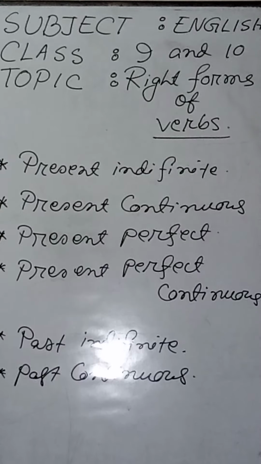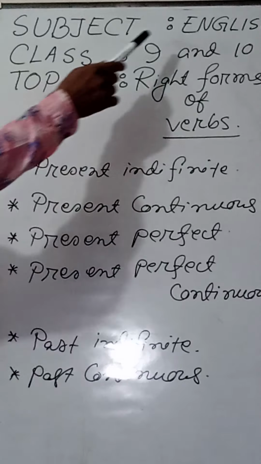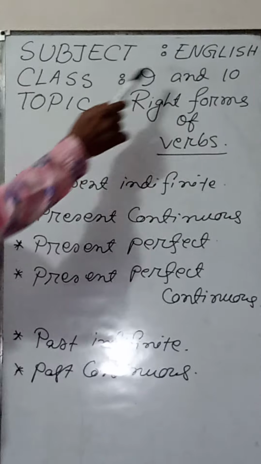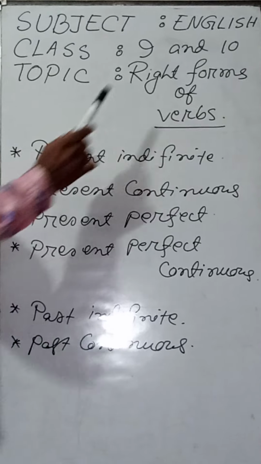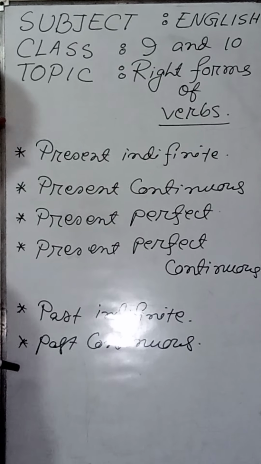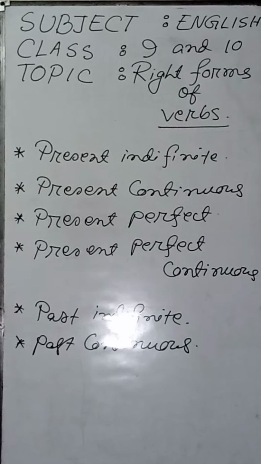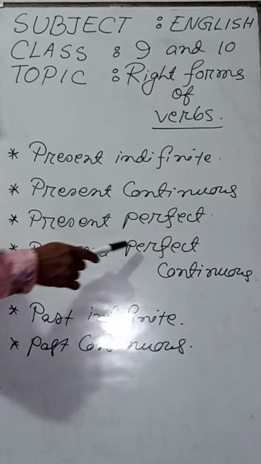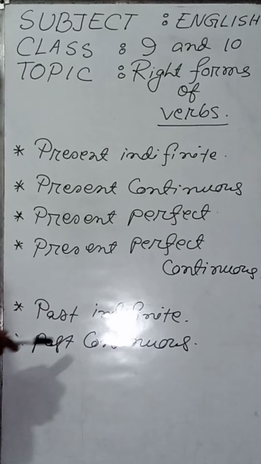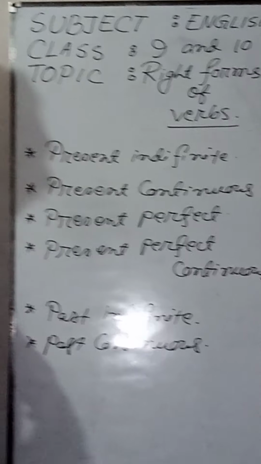Today I am going to discuss English second paper, class 9 and 10, topic right forms of verbs. I will discuss 6 rules according to tenses: present indefinite, present continuous, present perfect continuous, past indefinite, and past continuous.